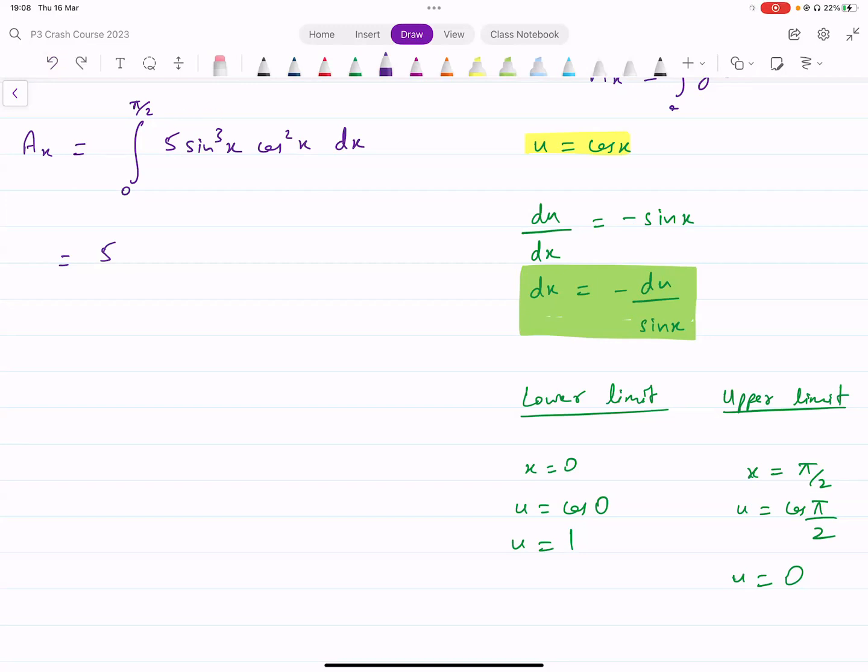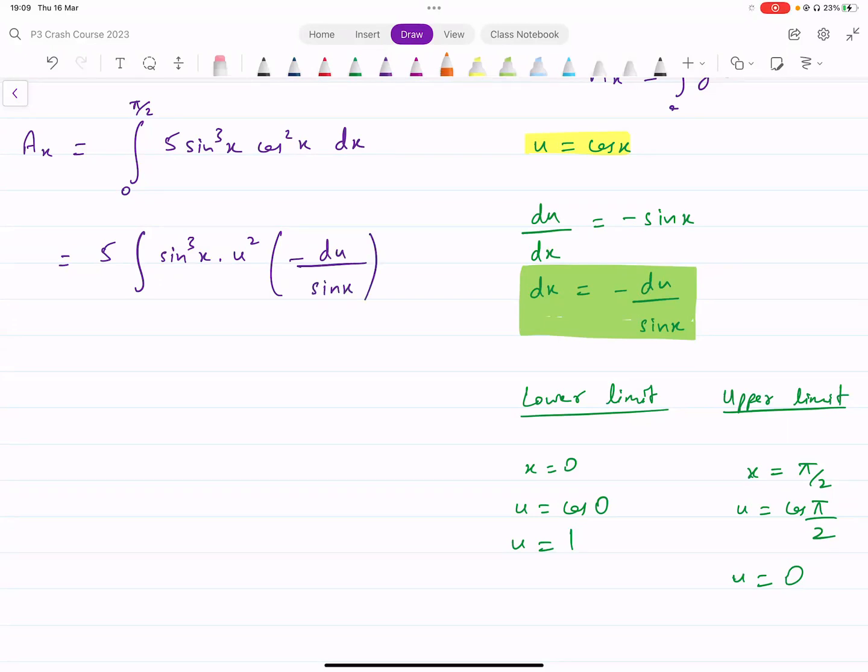And then the integral is sin³x. Let's keep it as it is for now. We'll see what to do with this later. What about cos²x? This converts to u². And what about dx? dx can be replaced with this whole thing, which is minus du over sin x.